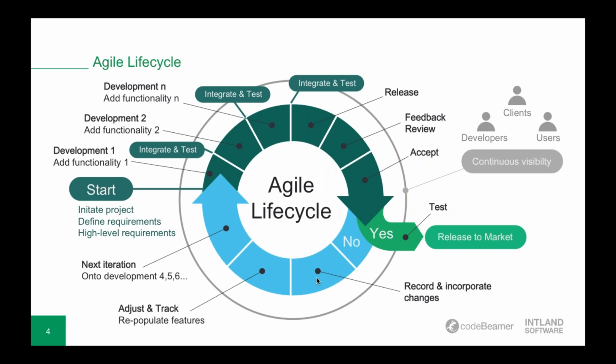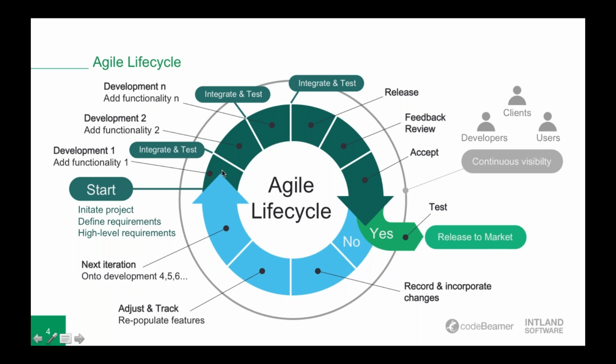Okay, so let's get started. What you see here is a visualization of an Agile lifecycle, which starts here at the big start sign. This is where the project initiates and where you can define your high-level requirements. Then from that you usually define your user stories, break them down into tasks, and the development begins.